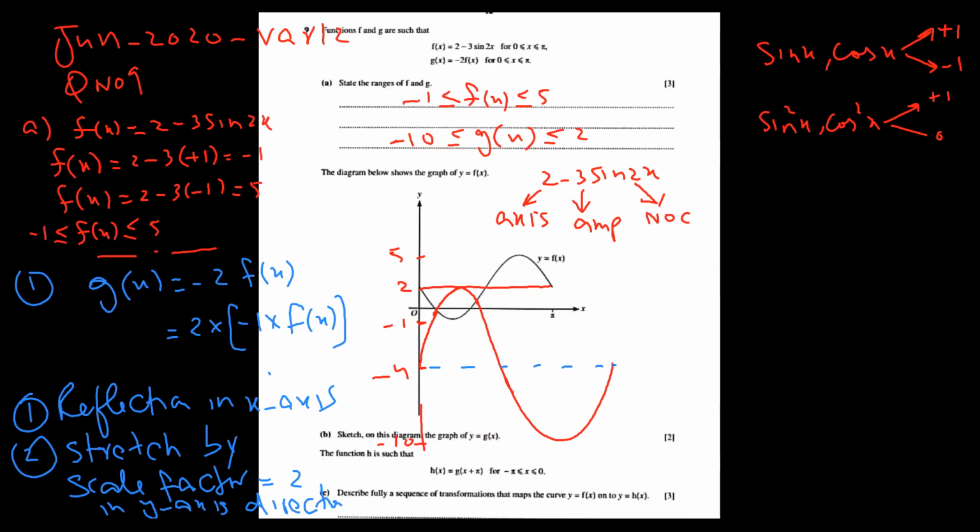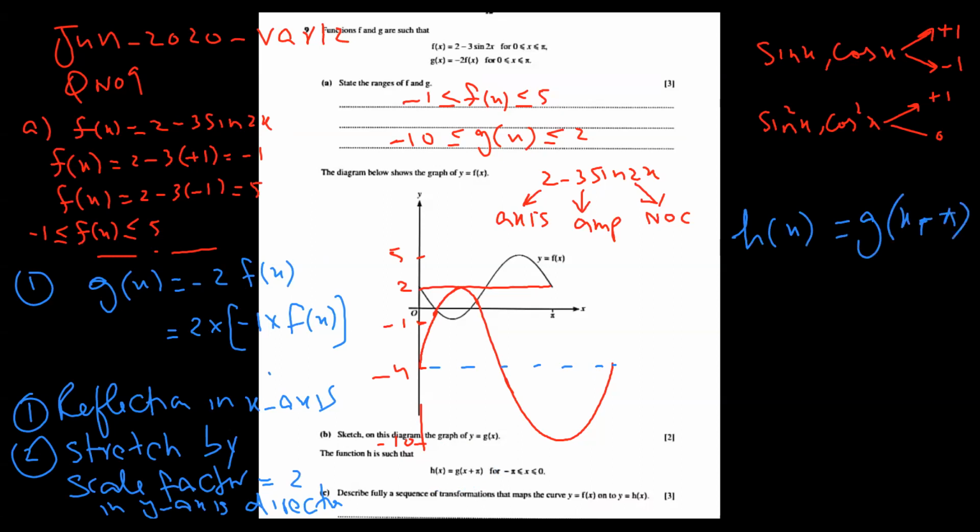And last and final, because we have done f to g, now you see h. Now g to h. If you look carefully, h is equal to g of x plus pi.